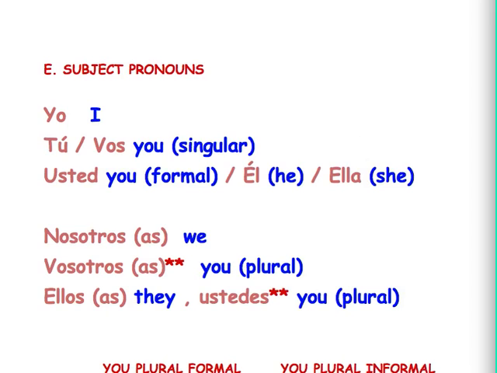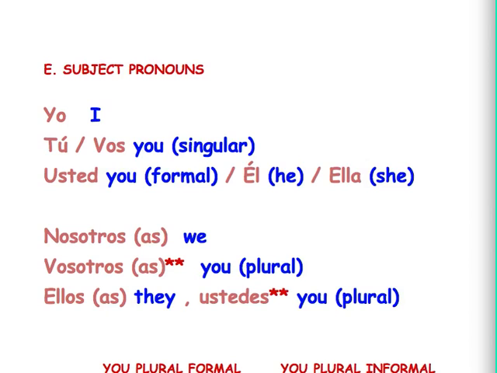So, vosotros. The vosotros form is used on a daily basis in Spain, but it's rarely heard in the rest of the Spanish-speaking world, outside of church or books, or even films that come from Spain. So in South America, in Latin America, they don't use vosotros, but of course they do understand vosotros.